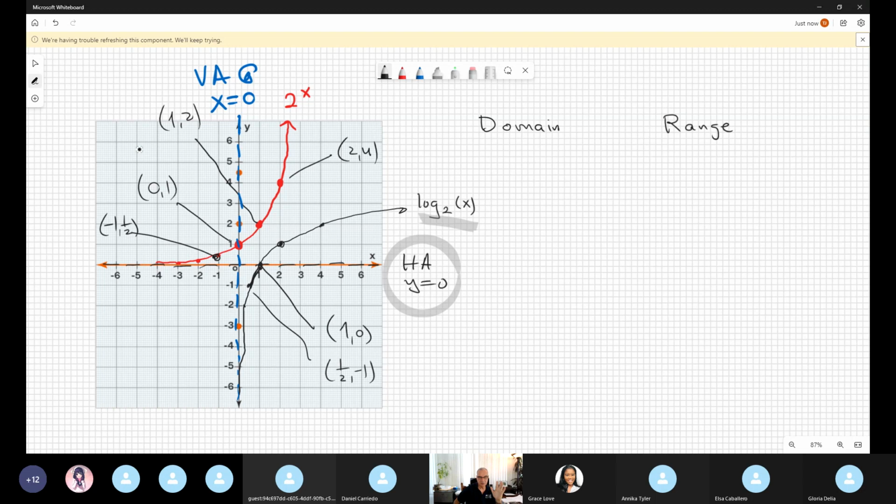Domain first, after range. How you find the domain? You take the curve, what curve? The black. And you project it onto the x-axis. And you get the set of the x values que that function is defined. Therefore, this is our domain. What do you think about domain? No idea?